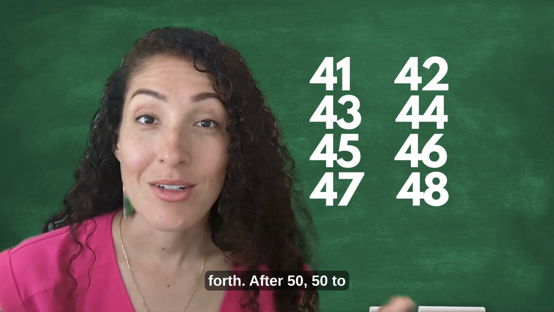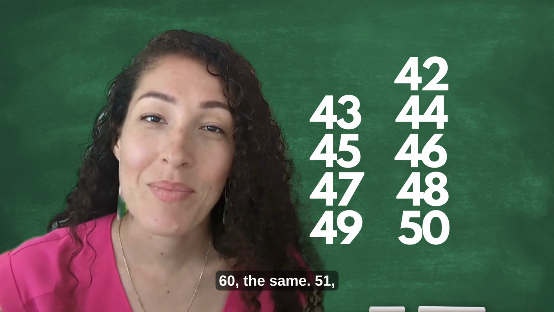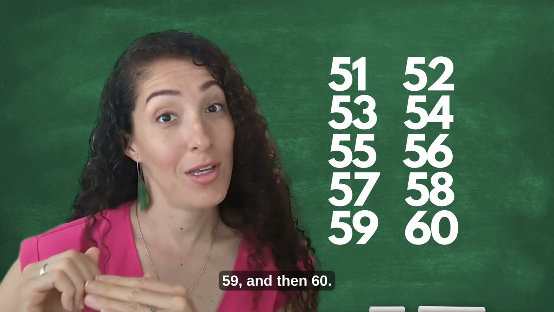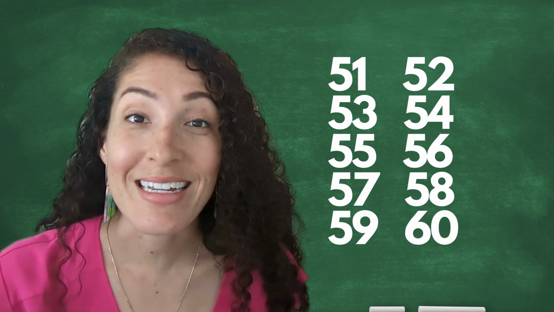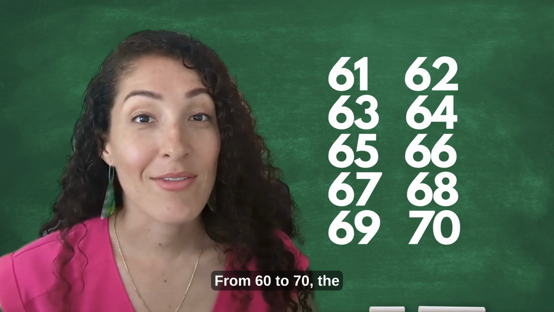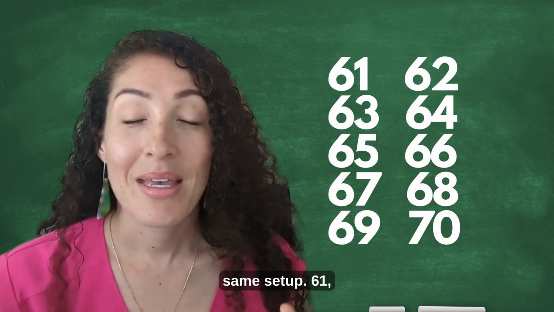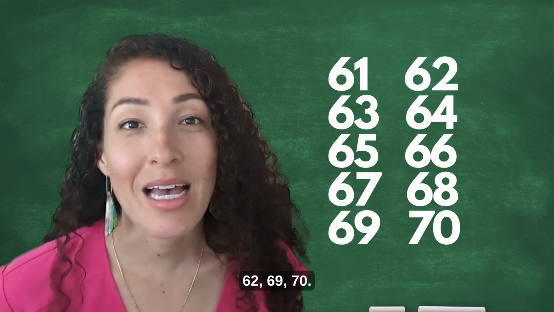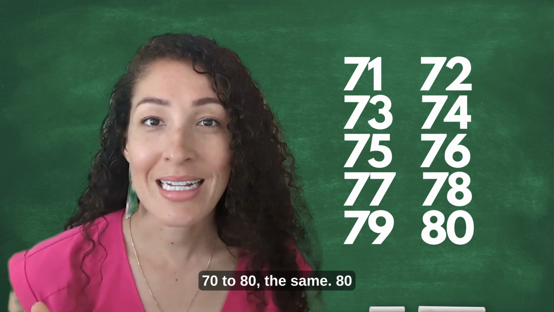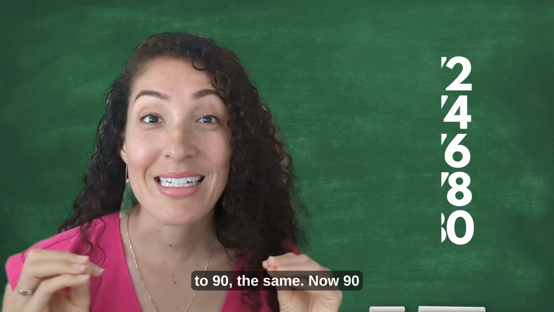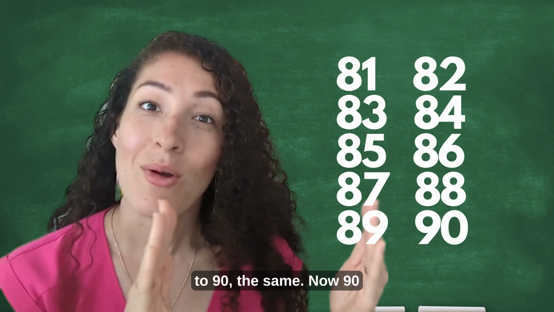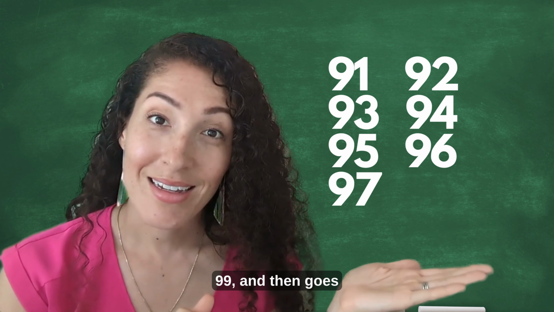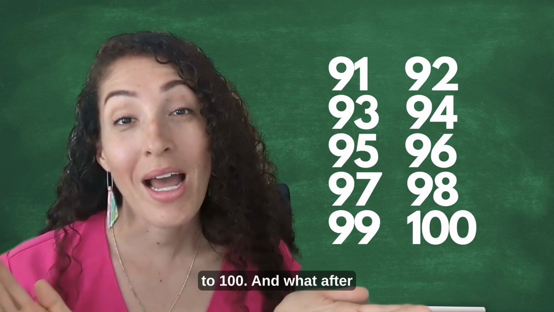After 50, 50 to 60, the same. 51, 52, ending with 59, and then 60. From 60 to 70, the same setup. 61, 62, 69, 70. 70 to 80, the same. 80 to 90, the same. Now 90 to 100, we end with 99 and then goes to 100.